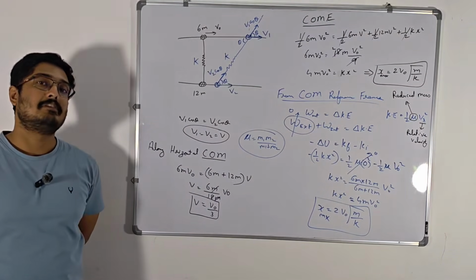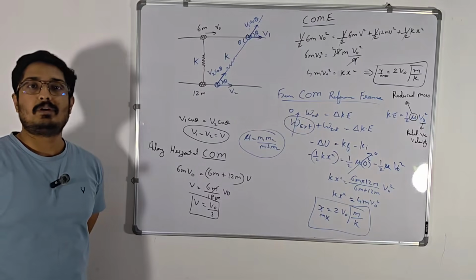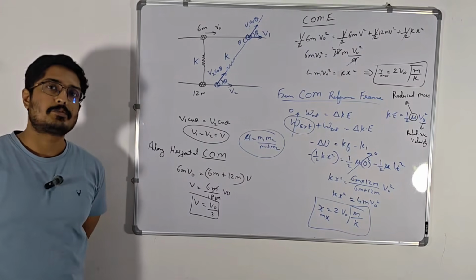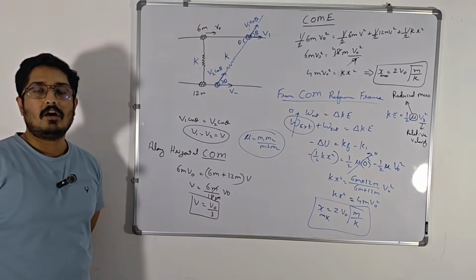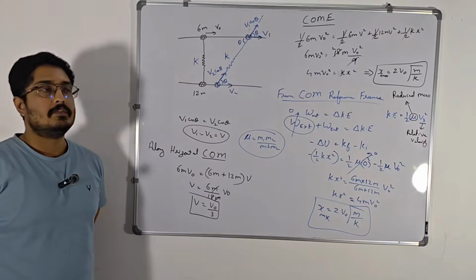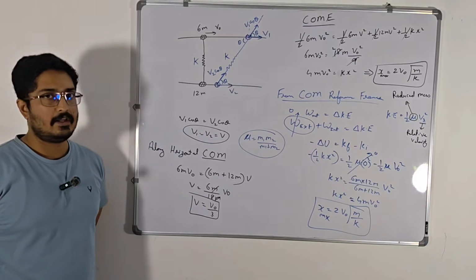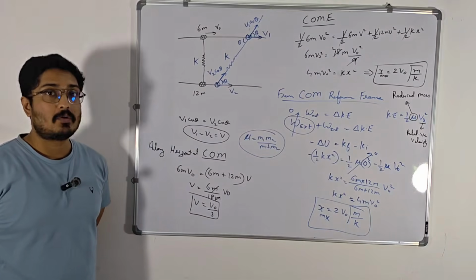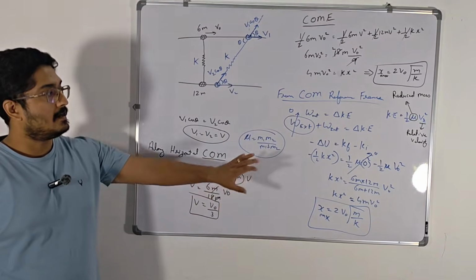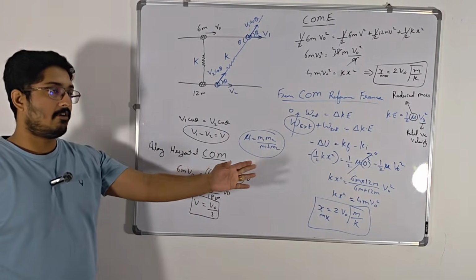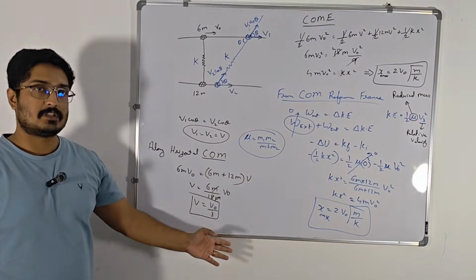This kind of question is very interesting with the center of mass reference frame, because the majority of students don't wish to study this center of mass reference frame. They feel it's too complicated, but it's not really. In fact, it makes your calculation pretty easy, right? I did all these steps because I wanted to show how the steps are done.